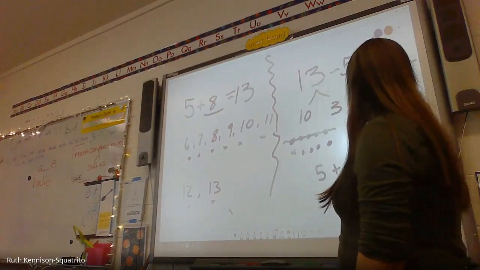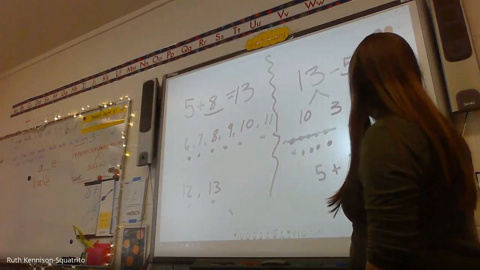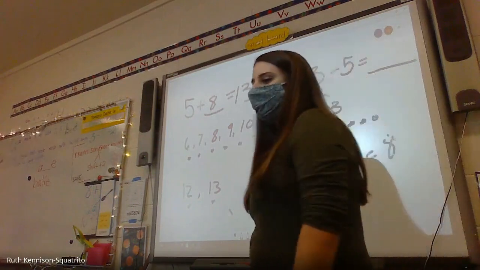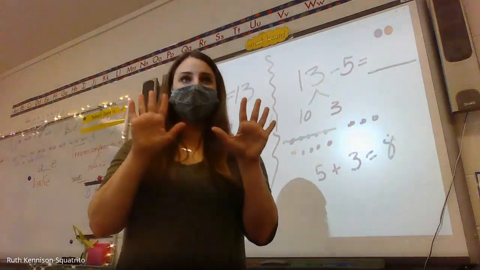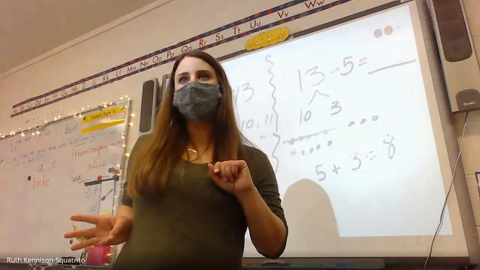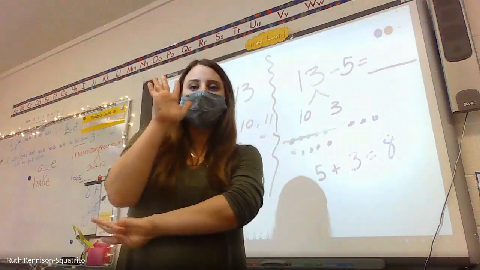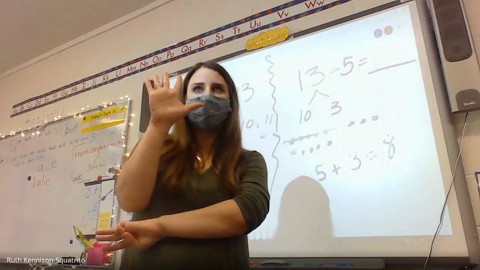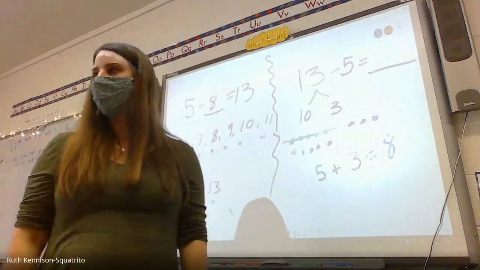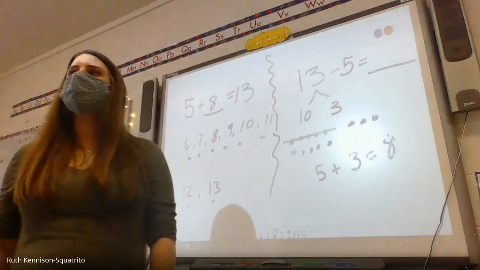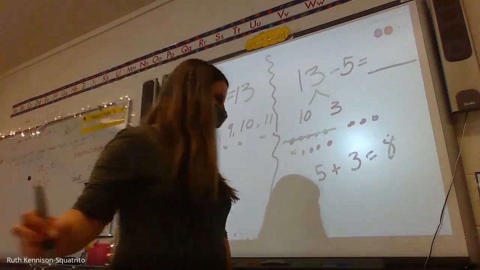So 3 over here. 5, 6, 7, 8. It's the same thing with those invisible fingers. If I was doing the subtraction, 10 and 3 invisible ones, right? 10 minus 5, I've got 5 left, plus my 3 invisible ones, 5, 6, 7, 8. Okay? Many ways to get to that one correct answer.